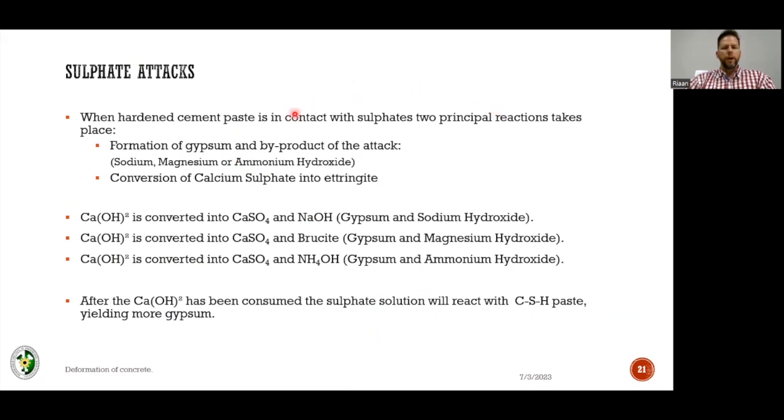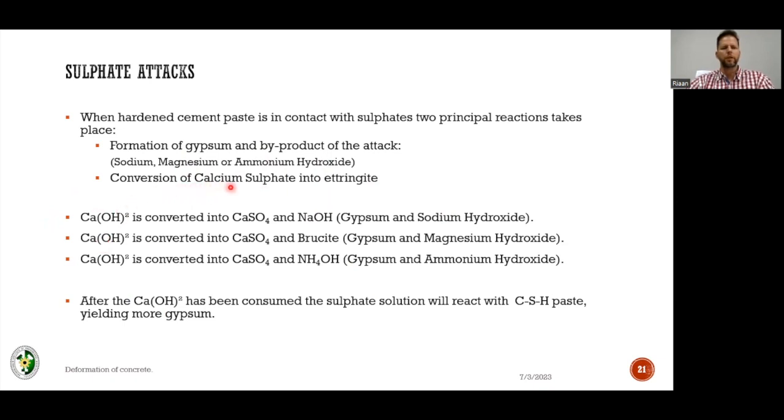So these are the principal reactions: a formation of gypsum and a byproduct of the attack. You'll have sodium, magnesium, or ammonium hydroxide as the byproduct. So it's gypsum with sodium hydroxide, or gypsum and magnesium hydroxide, or gypsum and ammonium hydroxide for those 3 processes. And they're also tabled over here.